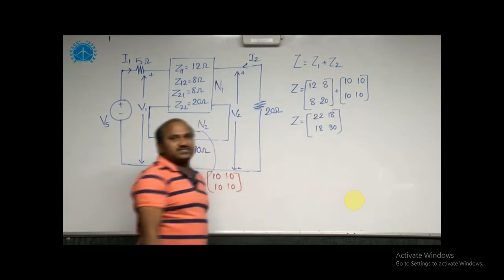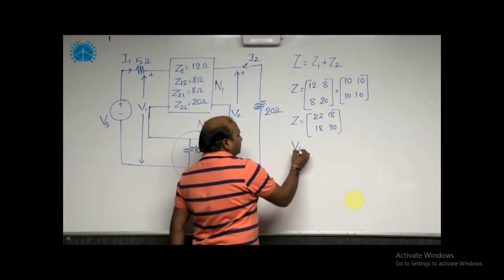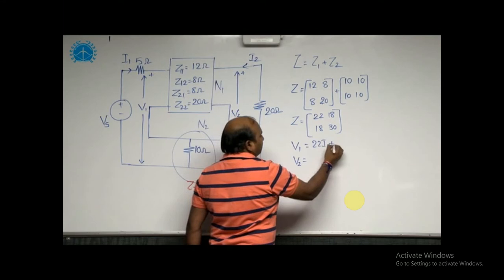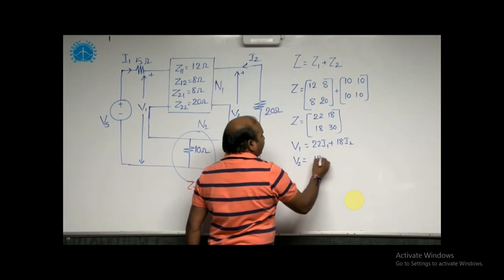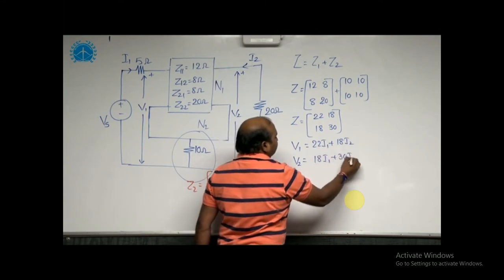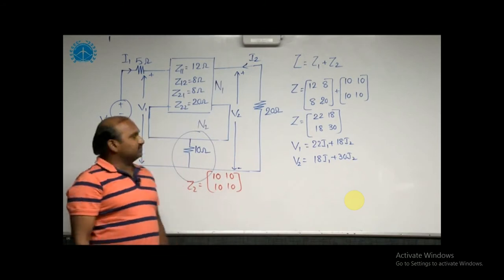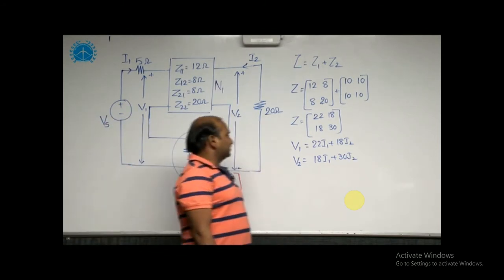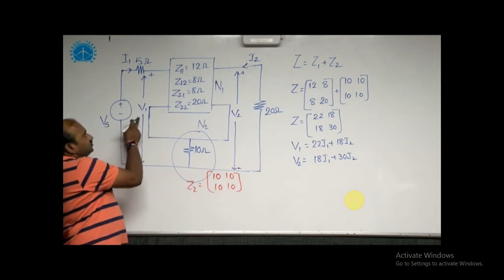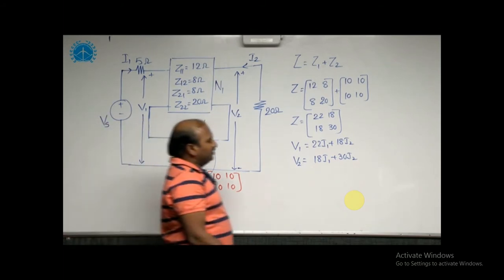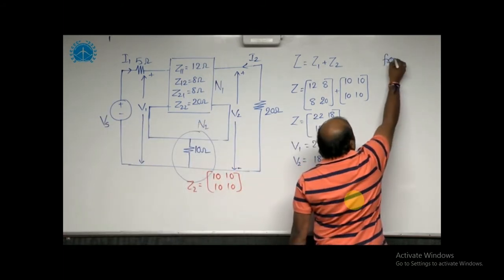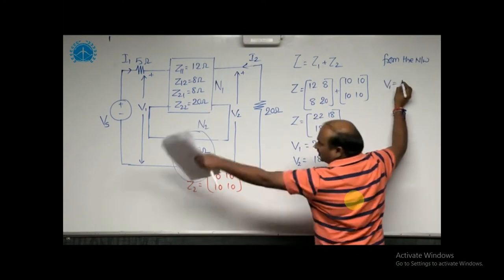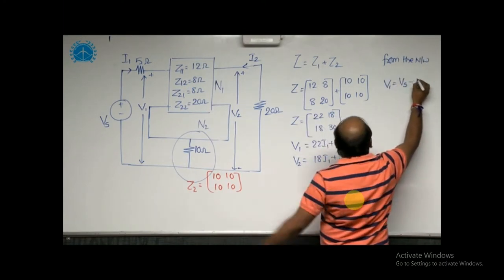Now I can express the voltage equations in terms of currents. V1 is equal to 22I1 plus 18I2, and V2 is equal to 18I1 plus 30I2. Our required value is V2 by Vs. To obtain the V2 by Vs value, first I can define V1 in terms of Vs. From the network, I can take V1 is equal to Vs minus 5 times I1.